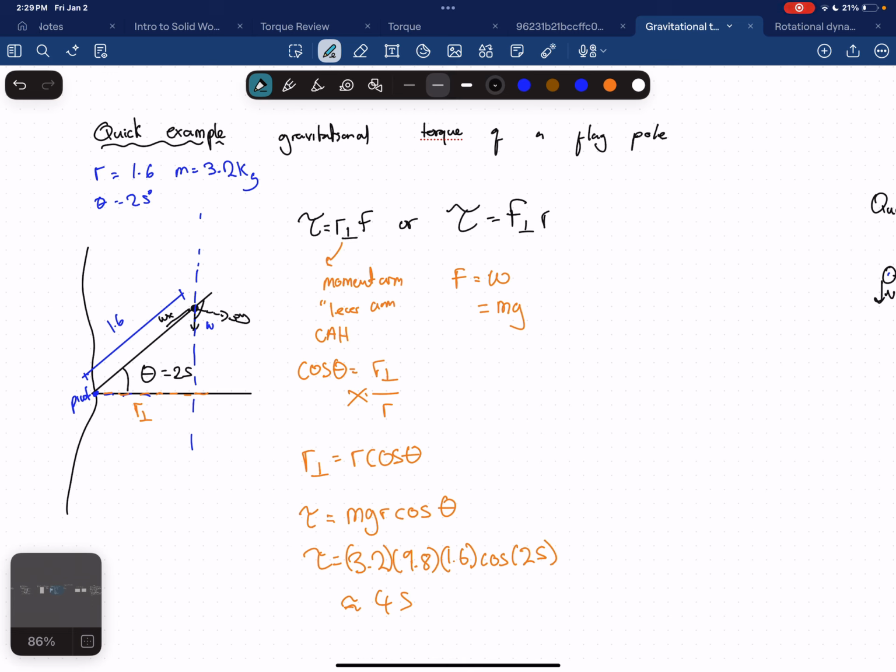You get the torque is going to be omega y times r, and omega y is equal to omega times cos theta, and weight is going to be mg cos theta r. It's the same thing, but it just requires a bit more trig. For me, I'd often just gravitate to the moment arm rather than doing the trig. So, yeah.